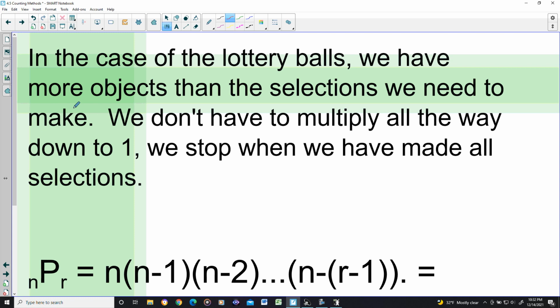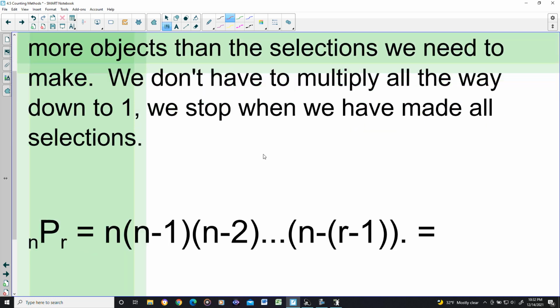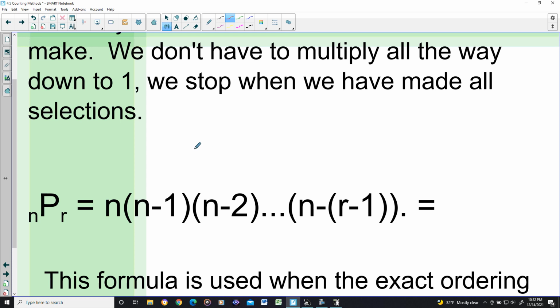Now, in the case of the lottery balls, we have more objects than the selections we need to make. We had 44 objects, but instead of ordering all 44 of them, we only had to order the first 6. We don't have to multiply all the way down to 1. We stop when we have made all selections. And so we have a function for this.